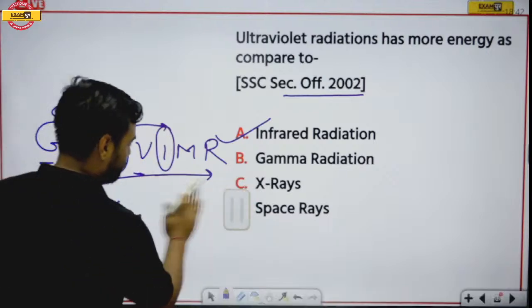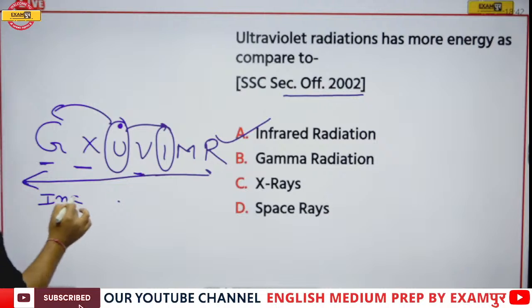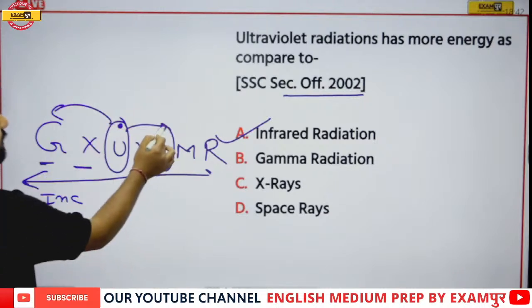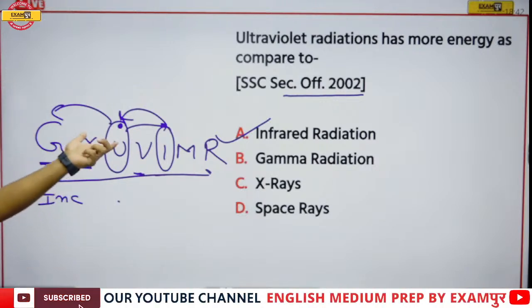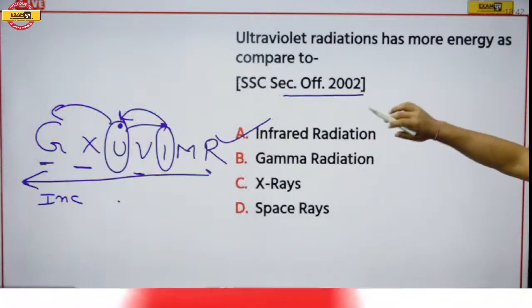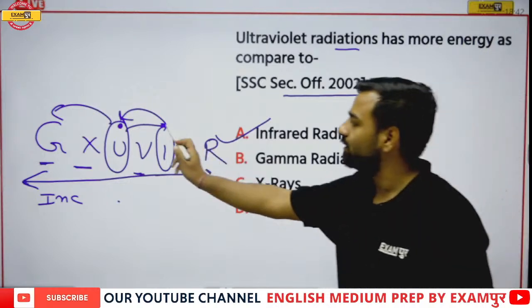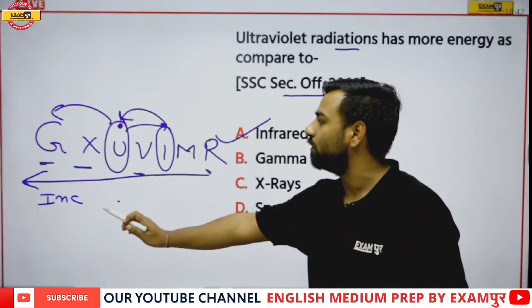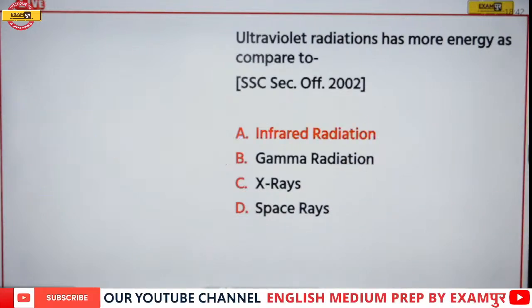Sorry, I have written it in the opposite direction. Energy will increase in this direction, correct? So compared with this infrared ray, it would obviously be greater than infrared. X-ray would be greater than this, and gamma is the maximum one. So yes, option A, that is infrared, would be the correct answer, because it is asking ultraviolet radiations are more than which part. So obviously in this direction we will move forward. Here ultraviolet is more than the infrared. So option A would be the correct one.